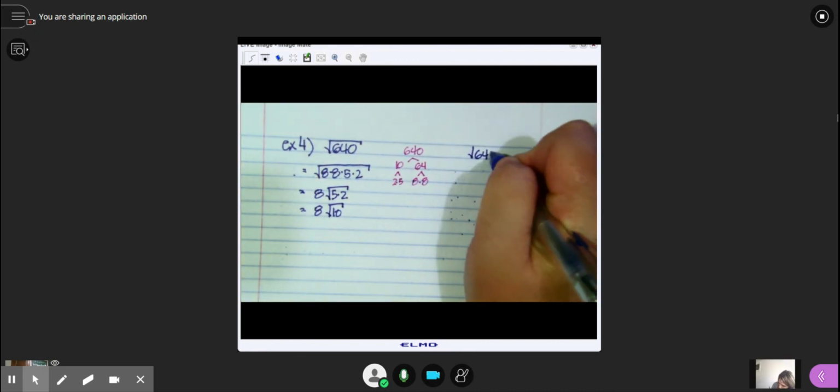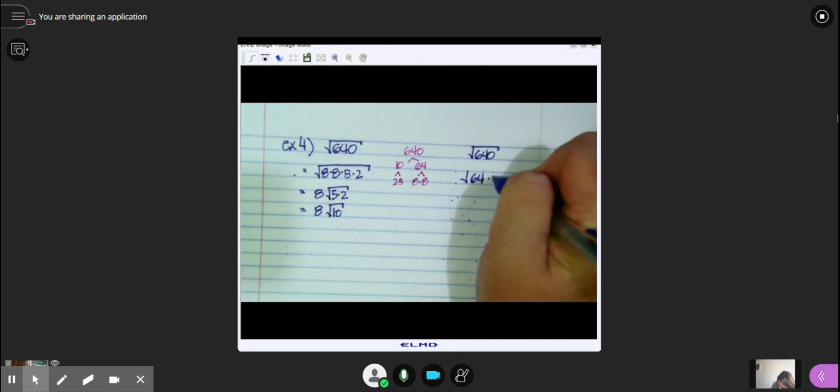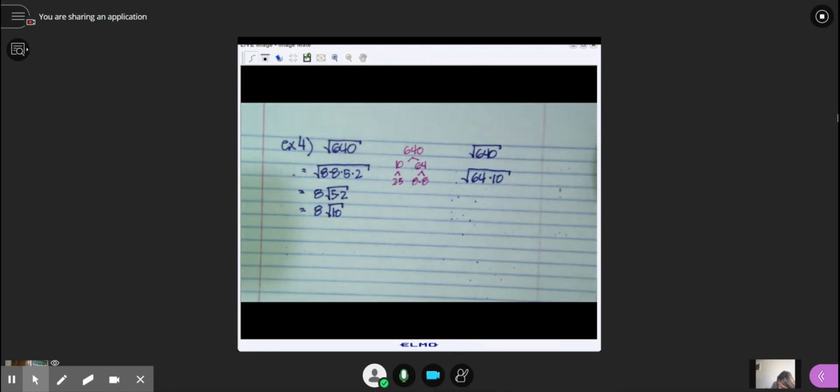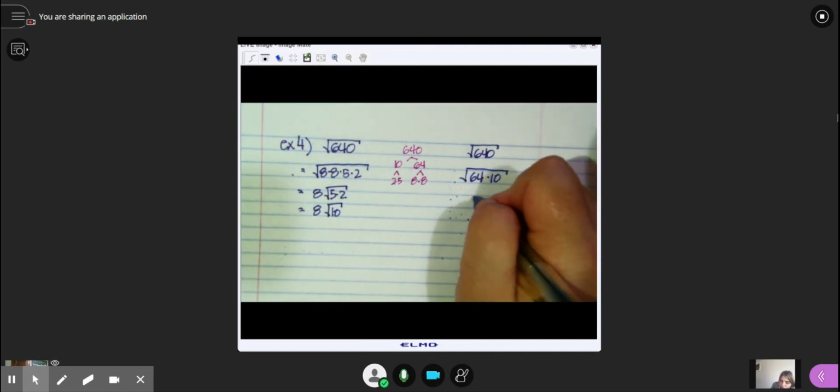And on this one, even though it's larger, you might pull that 64 out right away.